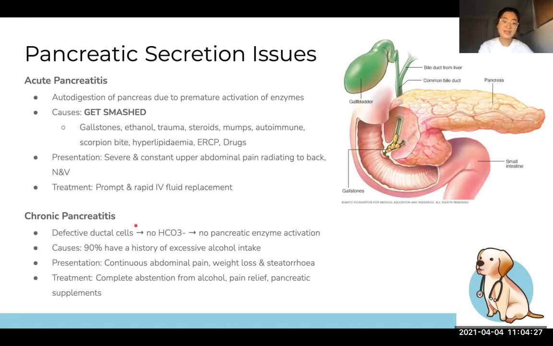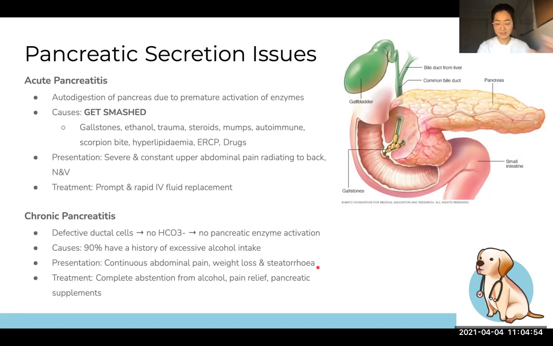Chronic pancreatitis is when you have pancreatitis going on for a long time, and you are going to get defective ductal cells. That will mean you won't have enough HCO3 being produced, and because you have a very acidic environment, you're not going to get any of the pancreatic enzymes being activated. It presents with continuous abdo pain, weight loss, and steatorrhea.